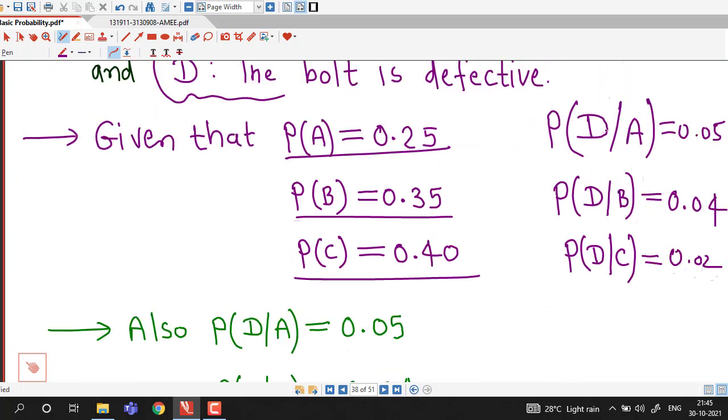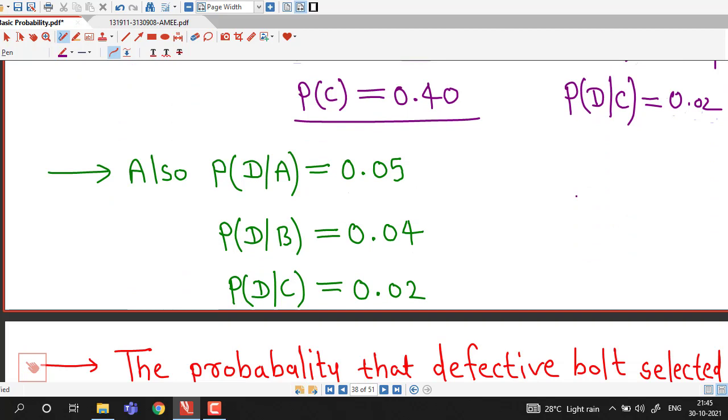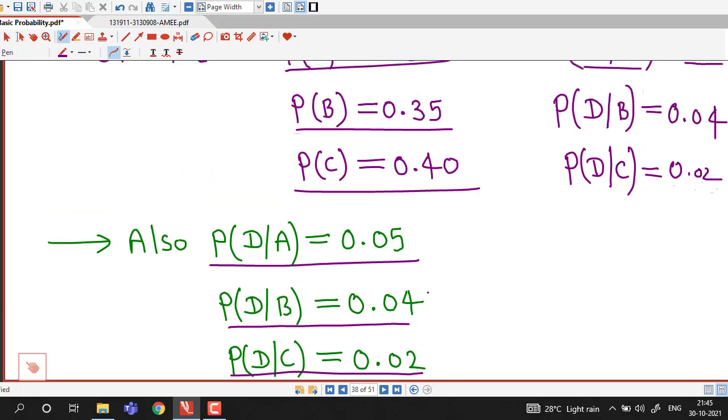So probability of D given A, that means the probability that the bolt is defective provided it is manufactured by machine A, is 0.05, and similarly for the other two. So here we have written: probability of defective bolt by machine A is 0.05, by machine B is 0.04, and by machine C is 0.02.